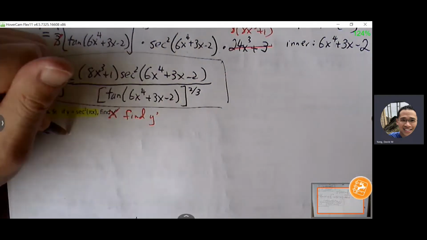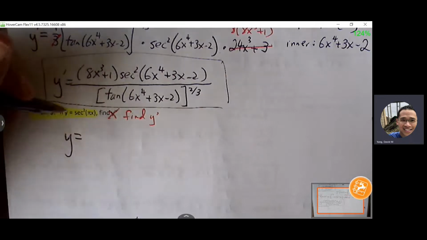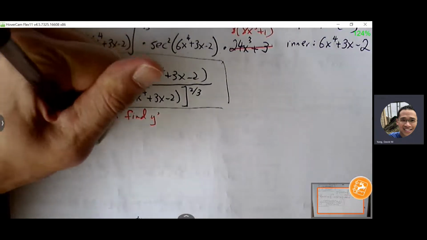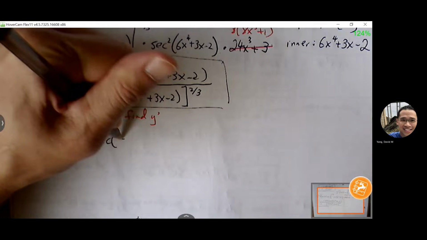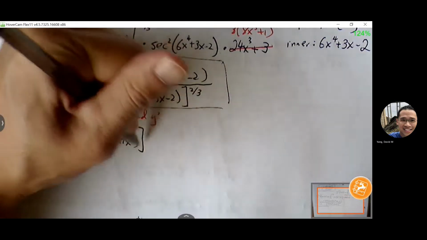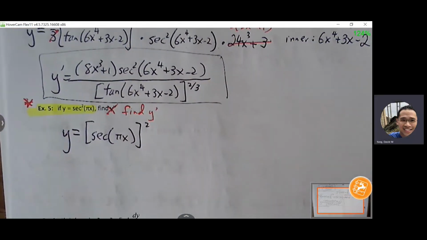So let's rewrite this. y is equal to that squared, which really belongs outside the trig function. If you take that additional step, then it becomes a problem like examples 3 and 4, and you can move through the process a lot easier.